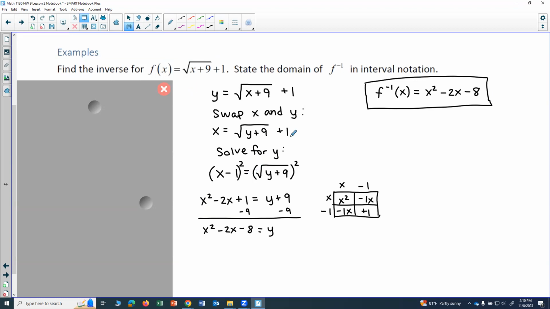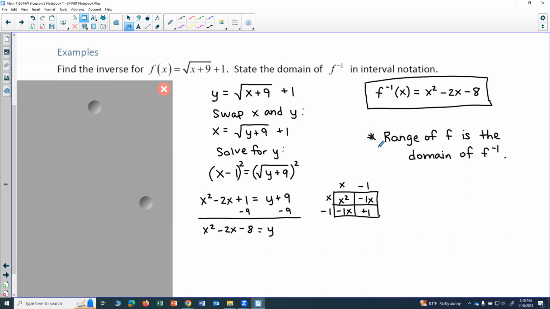So if you recall from previous videos, the range of f is the domain of f inverse. All right, so that's a really important piece of information.